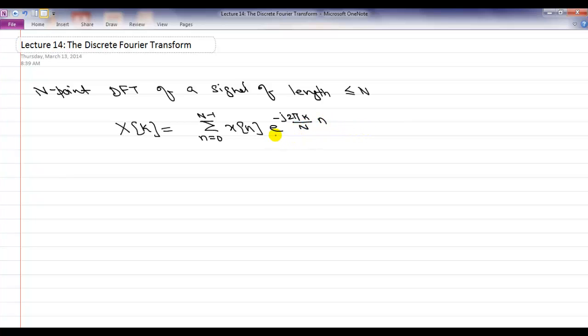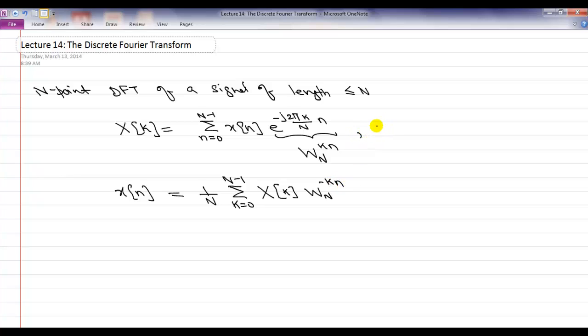And this we said can also be written as W_N to the kn. And the inverse discrete Fourier transform is very similar. It's 1 over N summation k from 0 to N minus 1 X of k W_N to the minus kn. So this k goes from 0 to N minus 1, and what you recover also goes from n equal to 0 up to N minus 1.